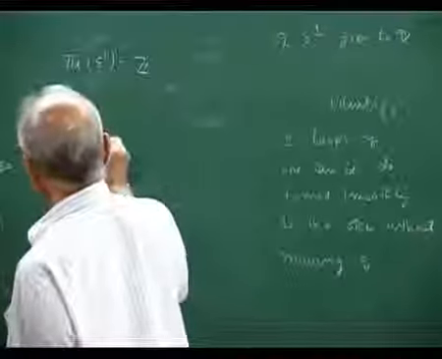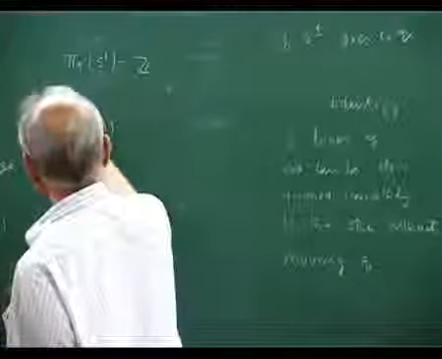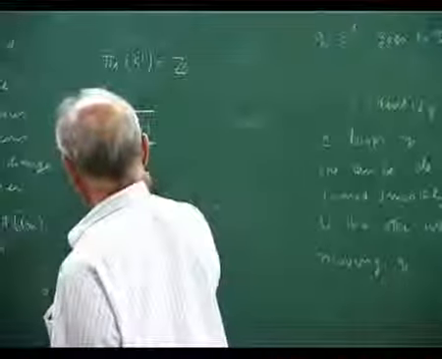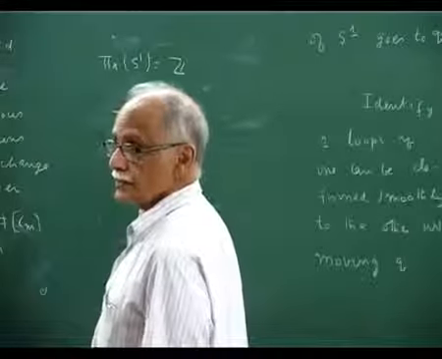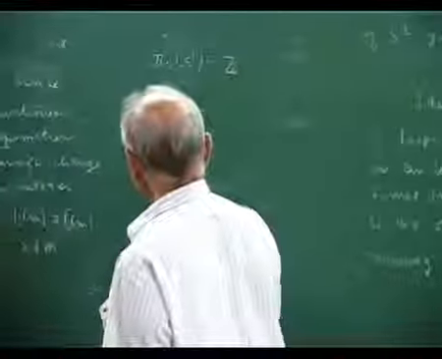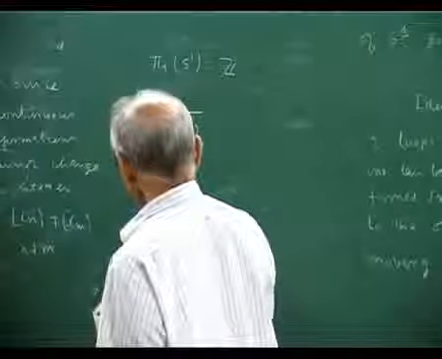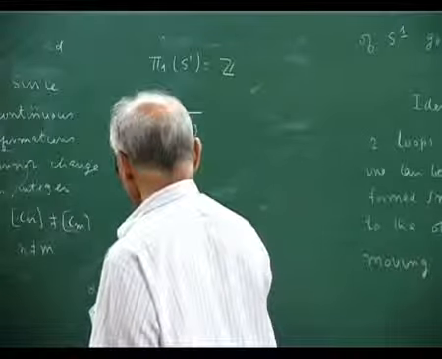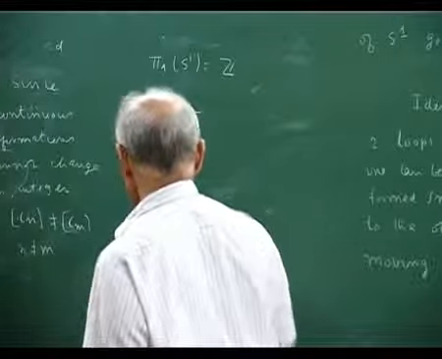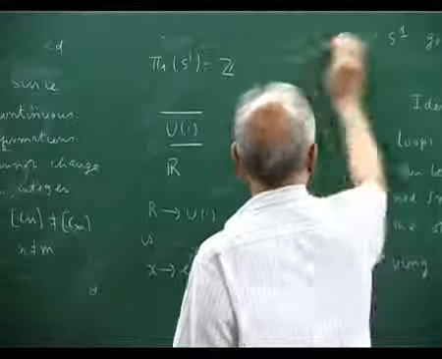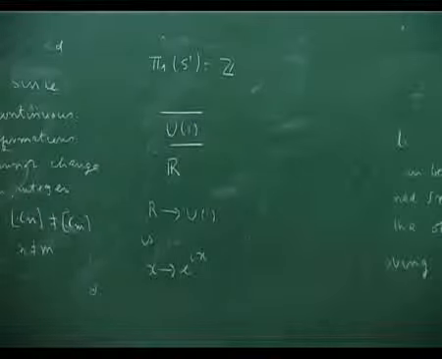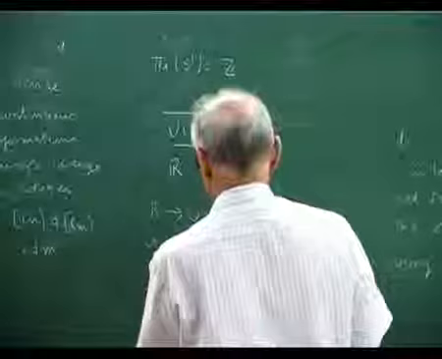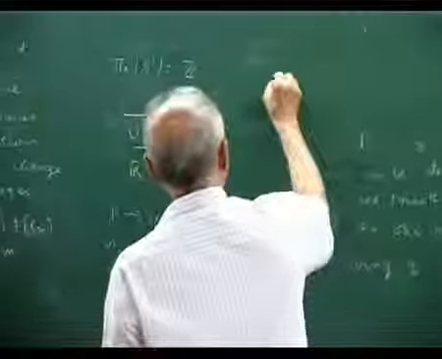Now let me ask, what is the universal covering group? This space here is a real line. This is your fiber space. Then the projection map R to U1 is, some point x goes to exponential ix. That shows clearly that pi 1 of R is trivial.